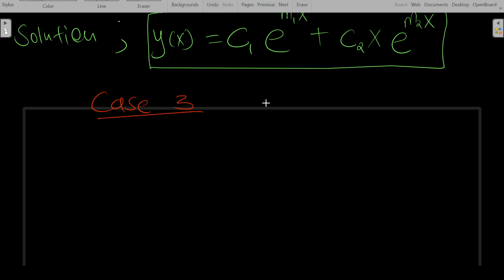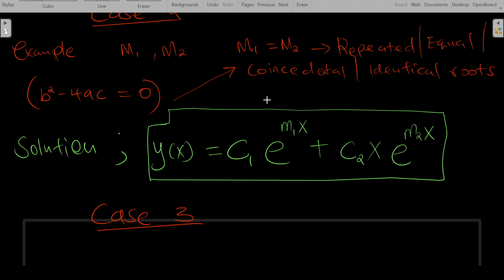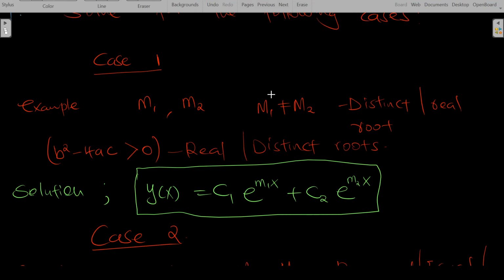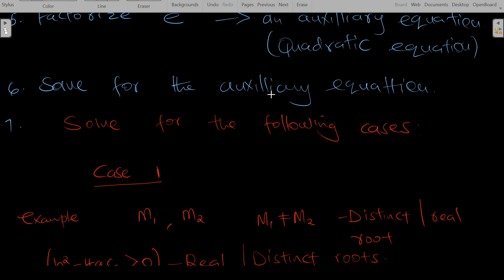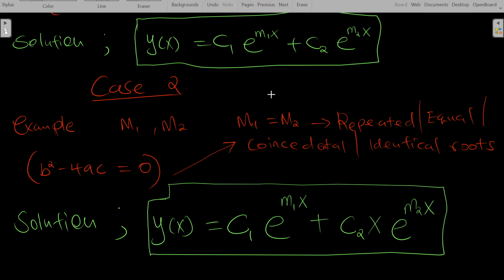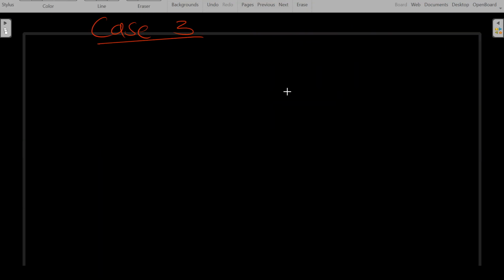Case 3 says if you compute the roots and you get, for example, complex roots.